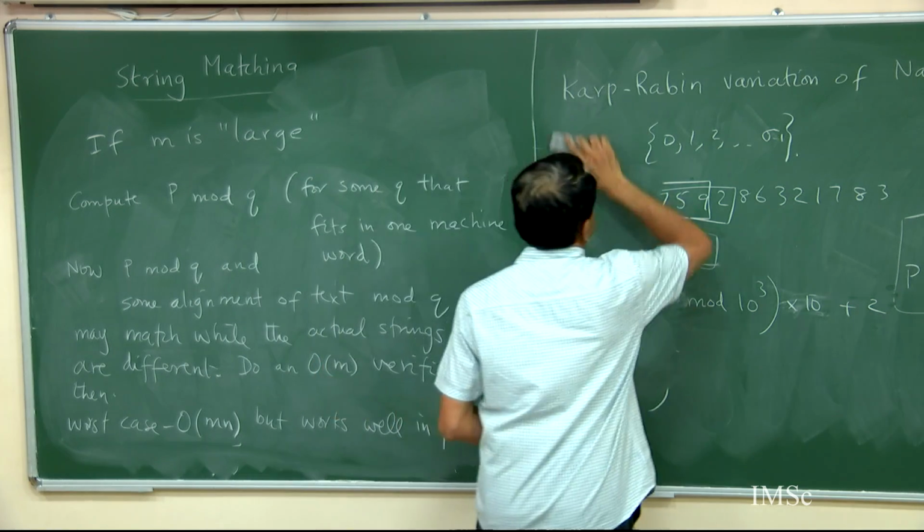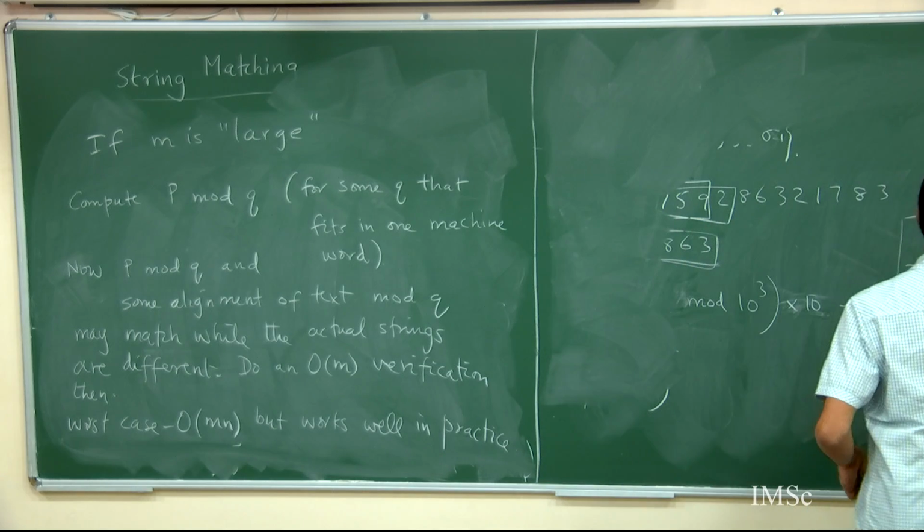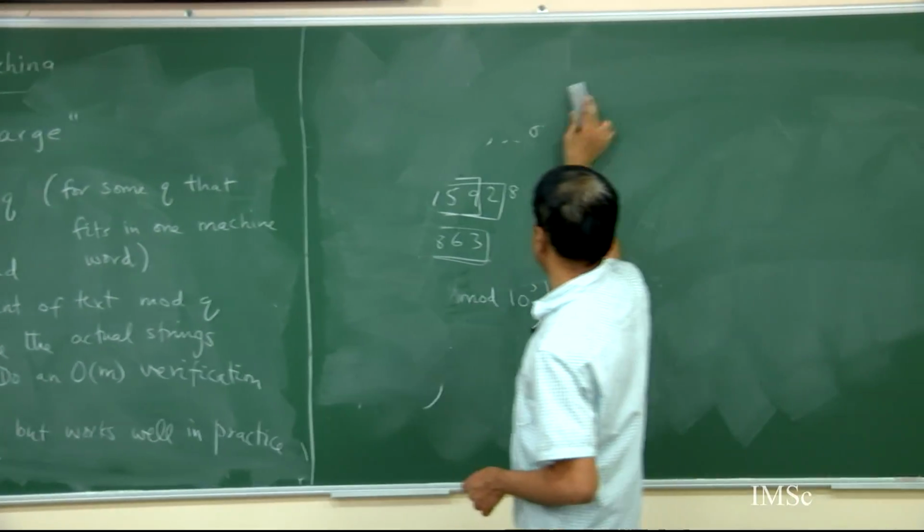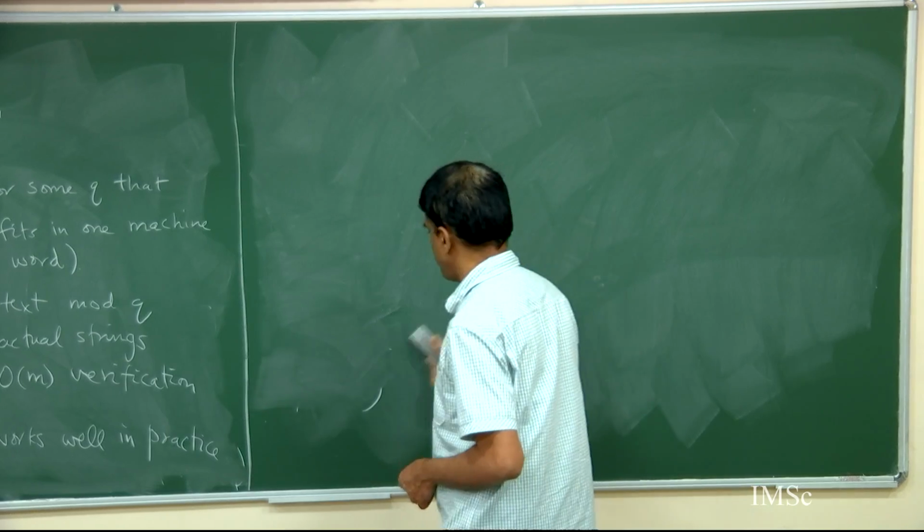Okay. So, now let us get to the classical order m plus n matching algorithm due to Knuth, Morris and Pratt.